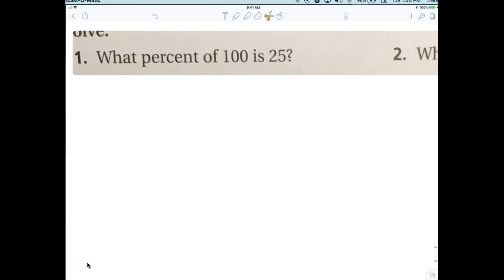Everybody's hand should go up. Your job is to look at 100 and to look at 25, and to try to tell me which one is the whole and which one is the part, based off of the question. What do you think?